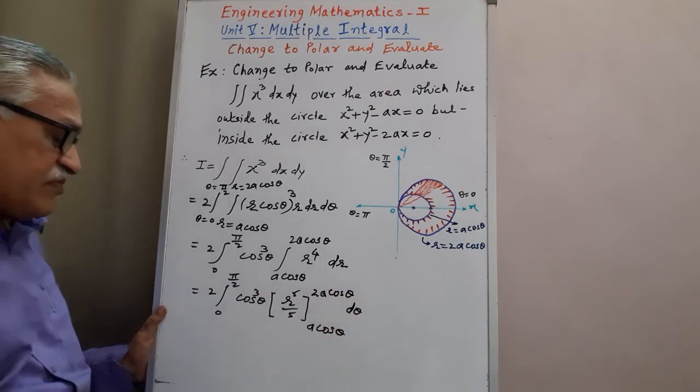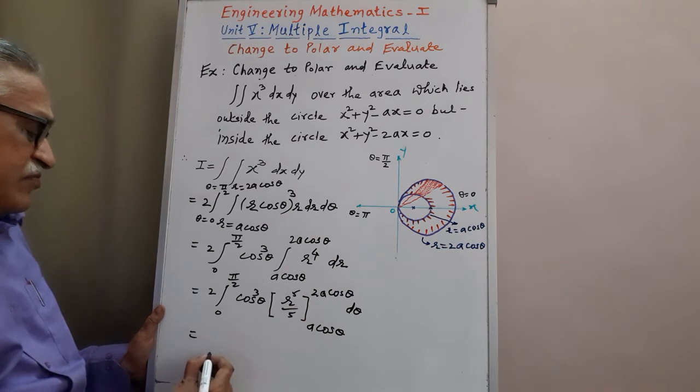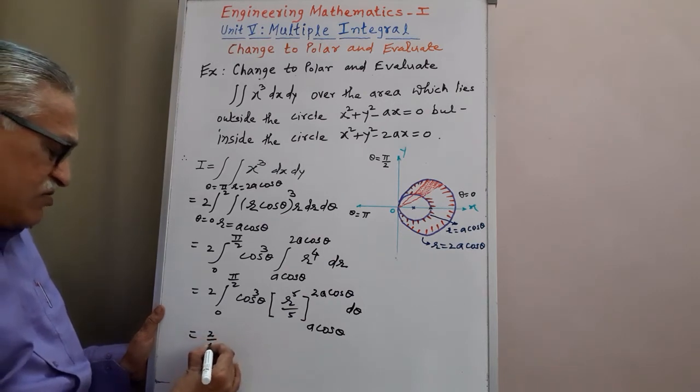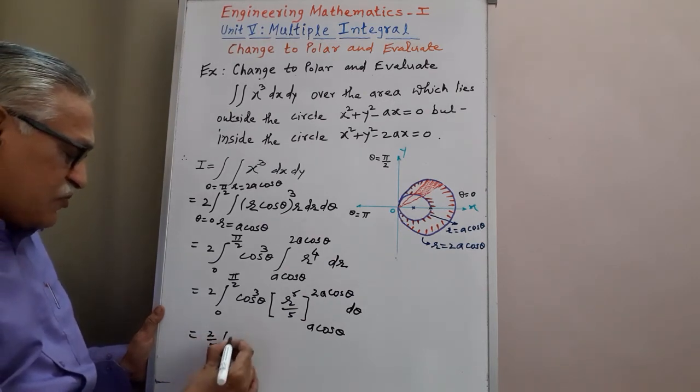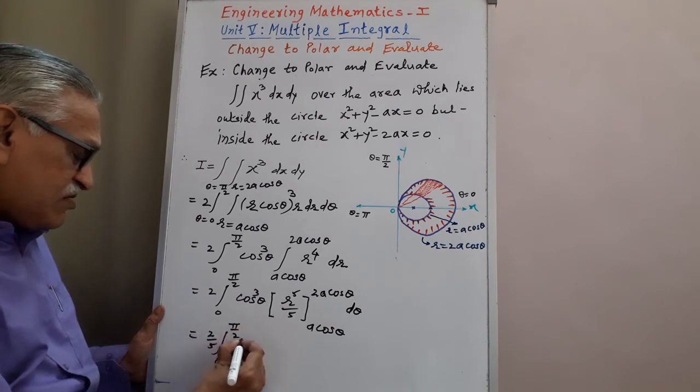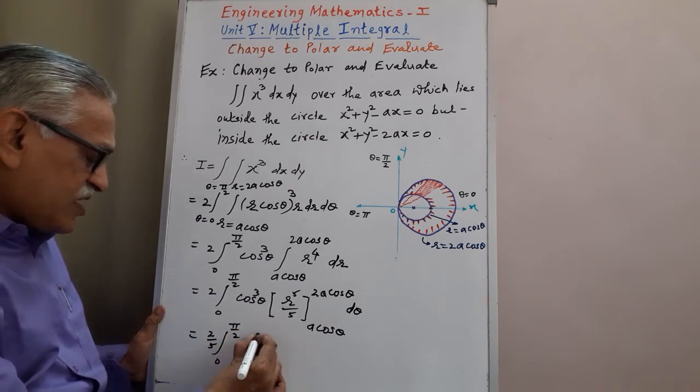d theta, and therefore it is 2 by 5 integral from 0 to pi by 2 cos cube theta as it is.